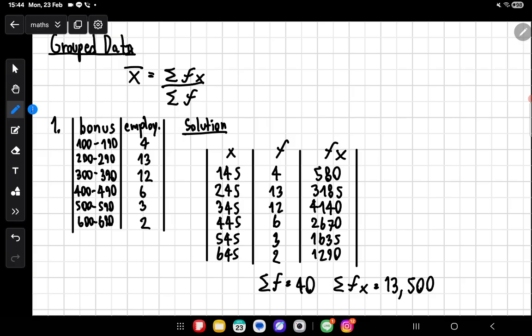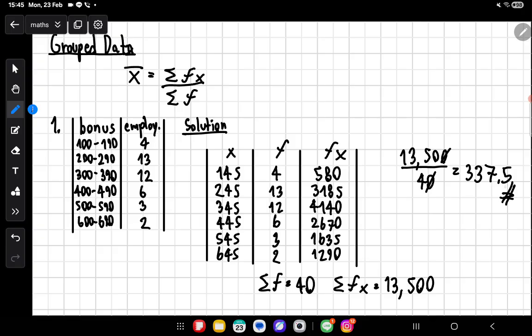Now we can use our formula to find x bar. So it's 13,500 divided by 40. If we cut it down and do the rest of the calculations, it will be 337.5.